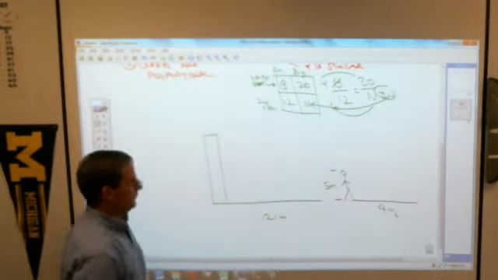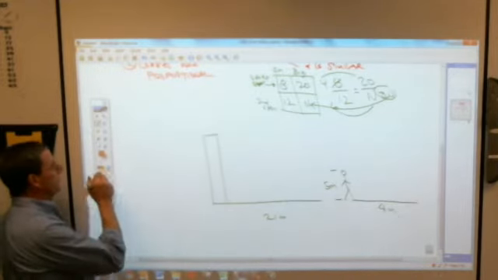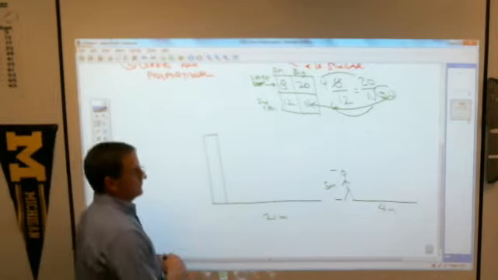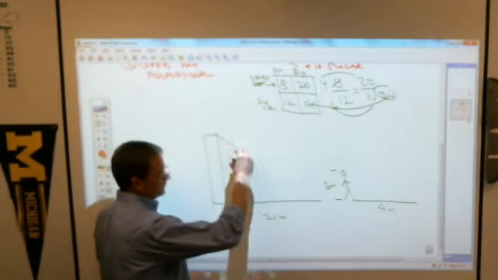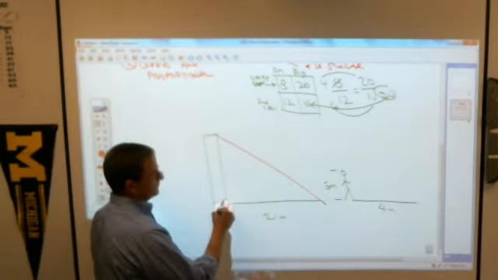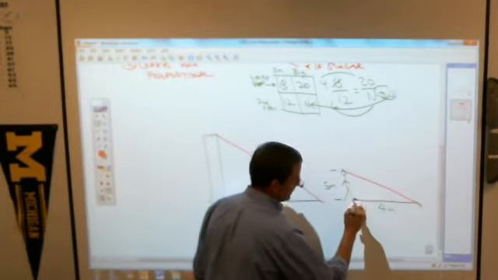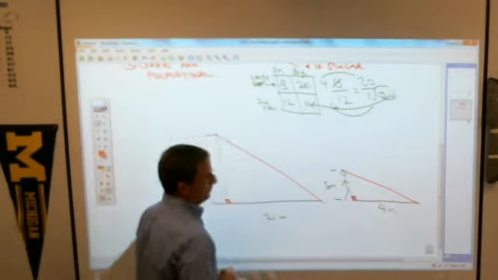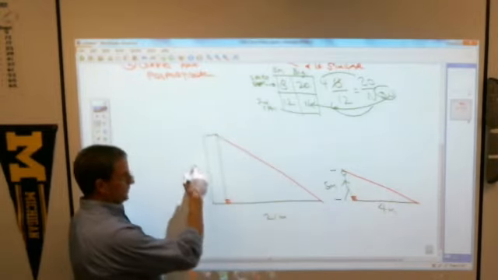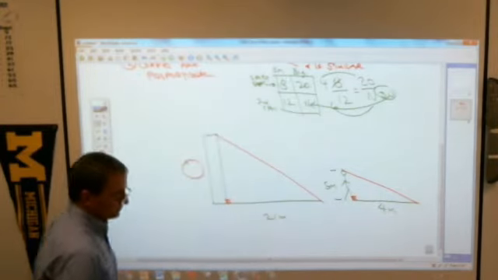For that, you just have to figure out that really what you've drawn are 2 similar triangles. Here's one triangle, it's a right triangle. Here's your second triangle, it's a right triangle. And you simply need to figure out what this side is.